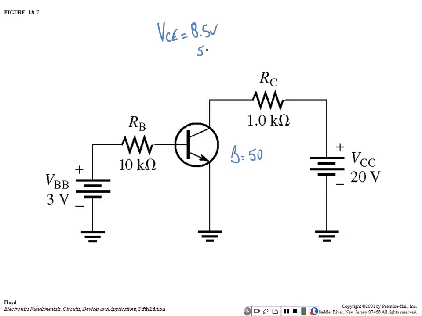Millivolts. Any more? Okay, gang, go ahead. We'll work this as a class.